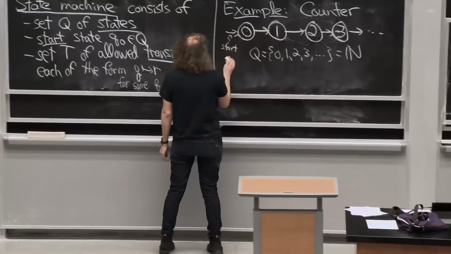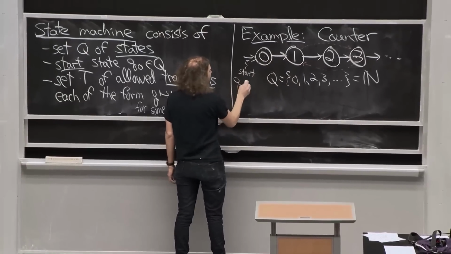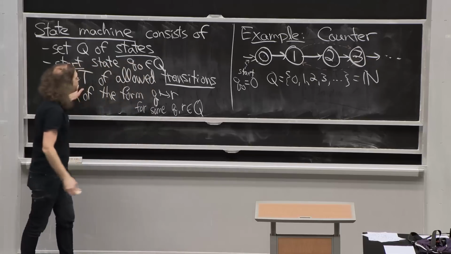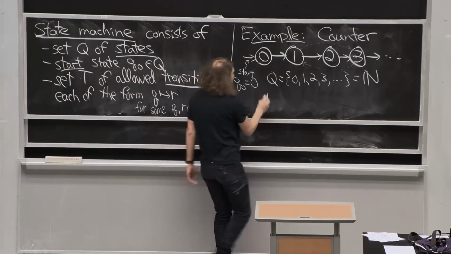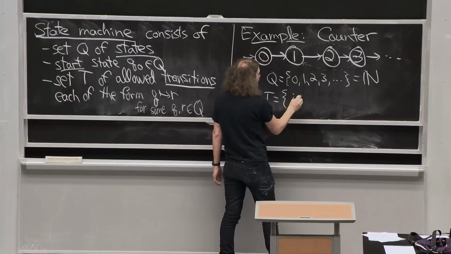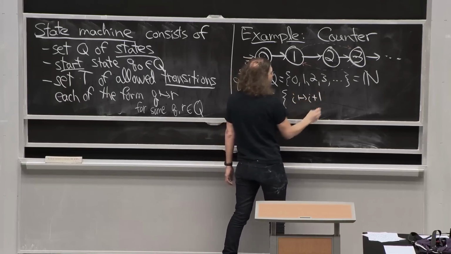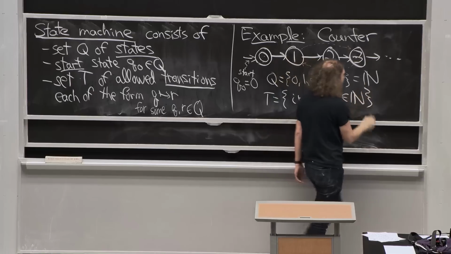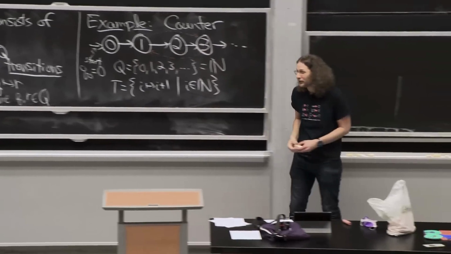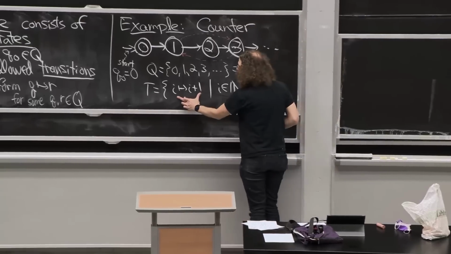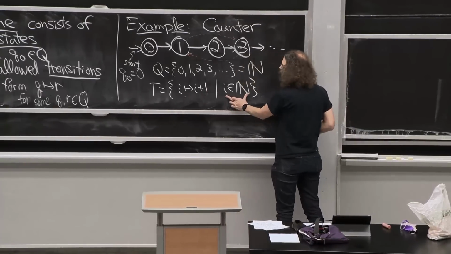OK, so we said here Q0 equals the state 0. And what are the transitions? Transitions are all of the i to i plus 1 transitions where i is a natural number. You may recall this set builder notation from lecture 1, I think, where we write an element on the left, and we write some condition on the right.